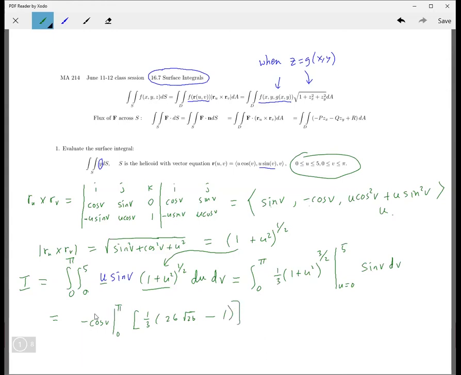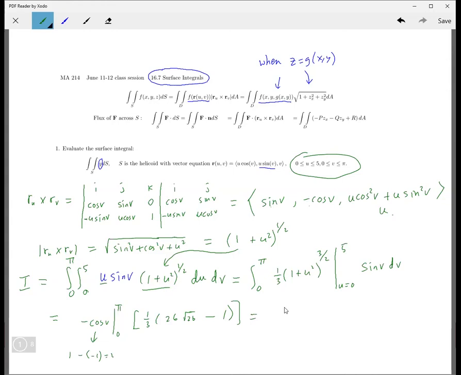This one, meanwhile, is going to be negative cosine pi, which is negative 1, so that's 1 minus a negative 1. Because you put a 0 in here, you're going to get negative 1, but you're subtracting it, so that's going to be 2.